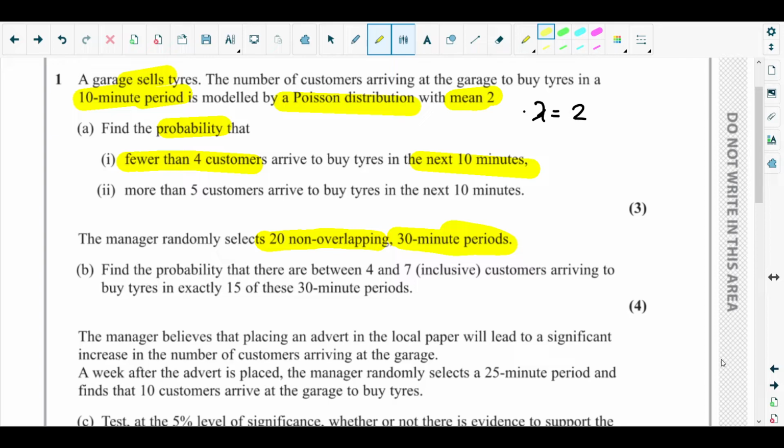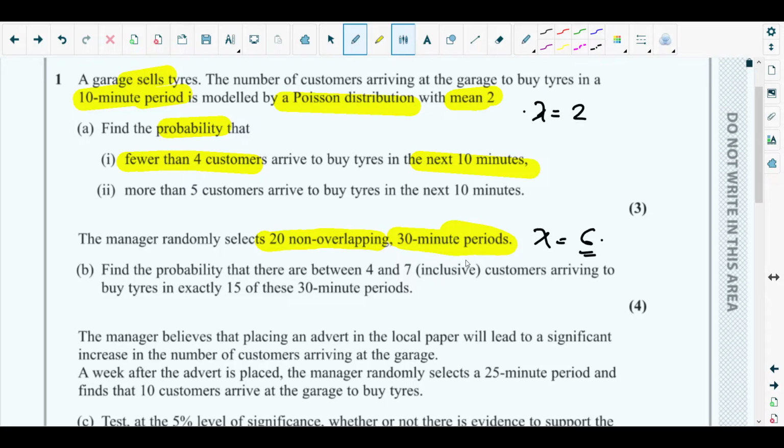Now 30 minutes is 3 times 10 minutes, so the mean will also be 3 times, that means 6. Lambda would be 6 here.